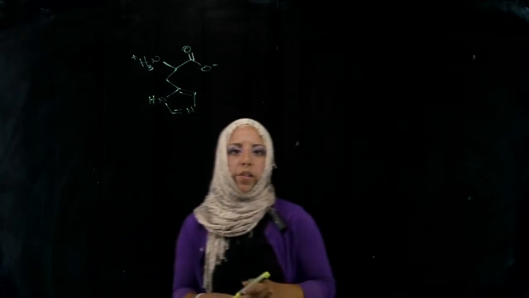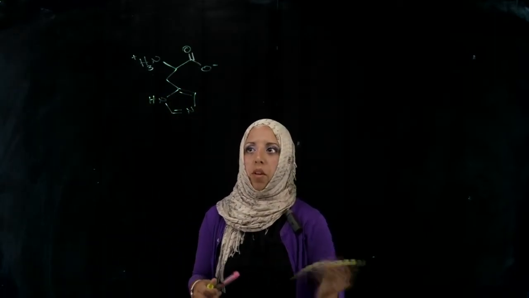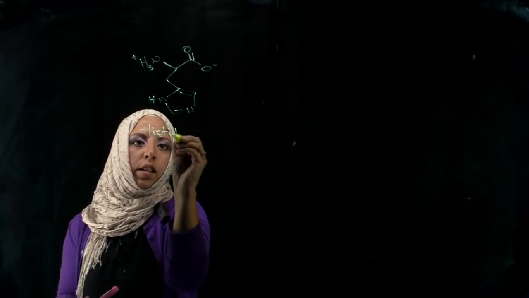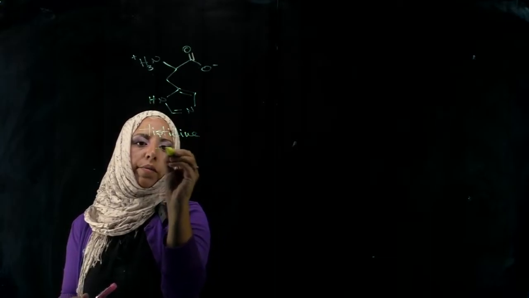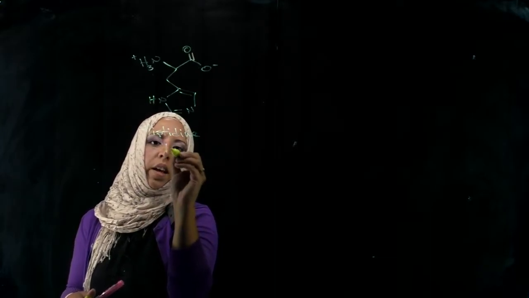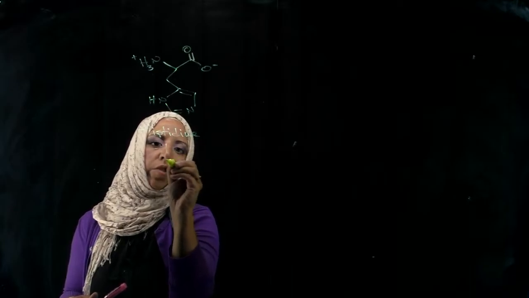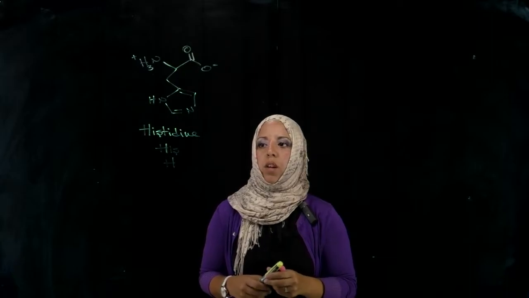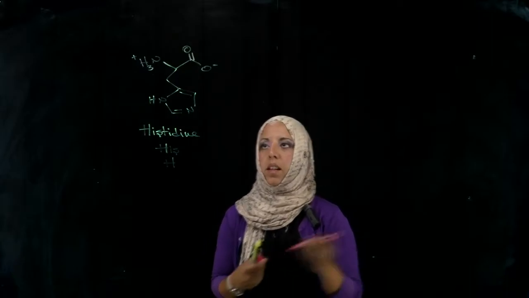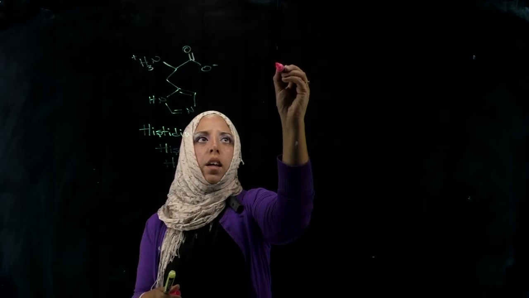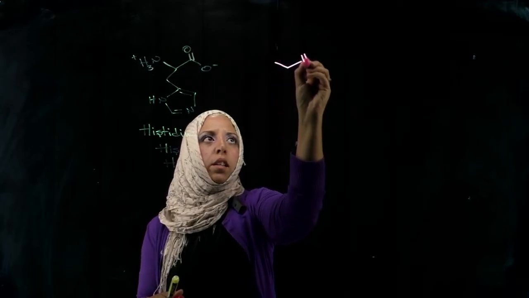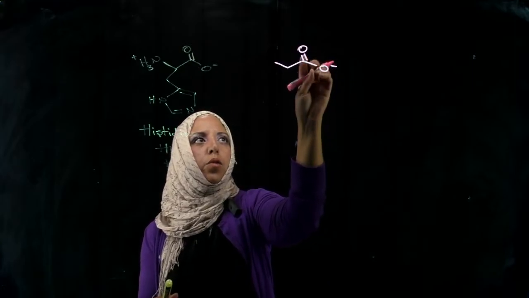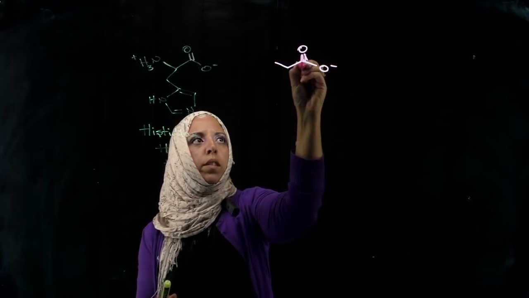Here is one, and hopefully you all recognize this as histidine, with the one-letter abbreviation H and its three-letter abbreviation HIS. And now let's draw another amino acid. A little distorted, but I'll keep it.